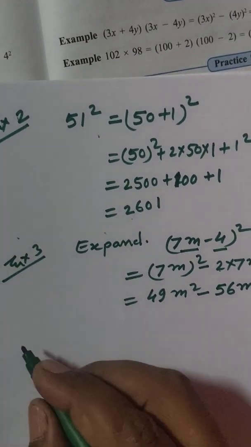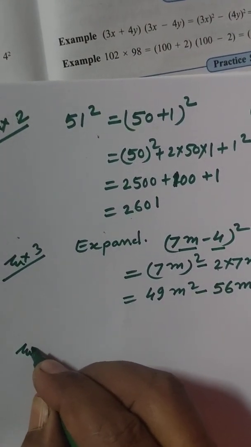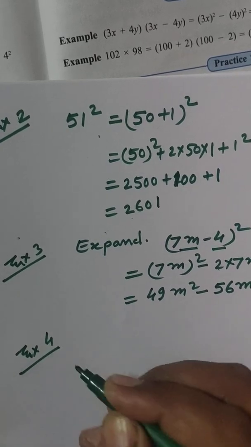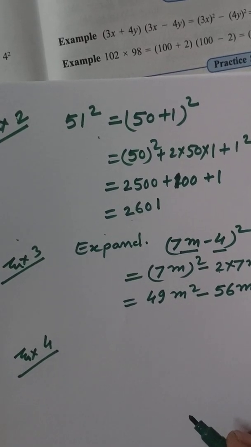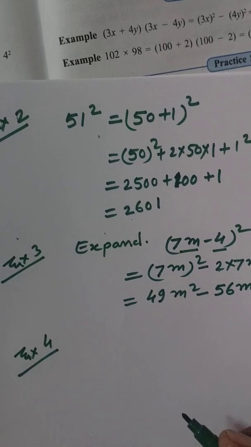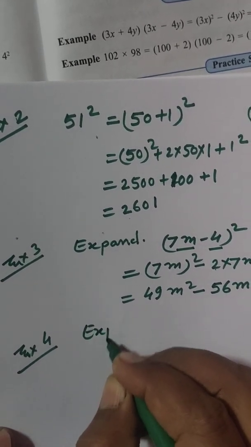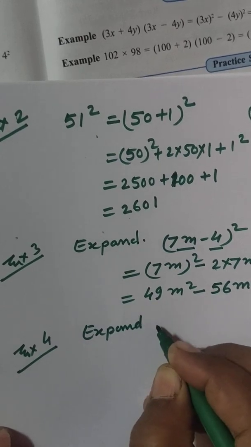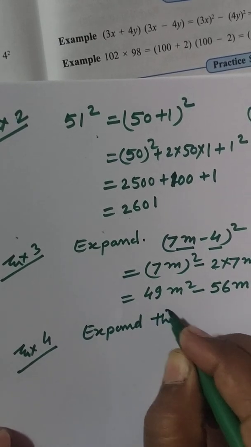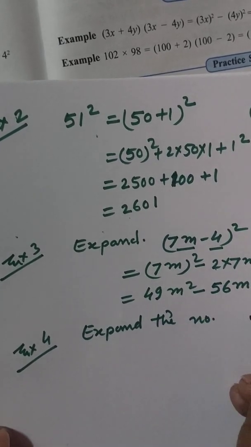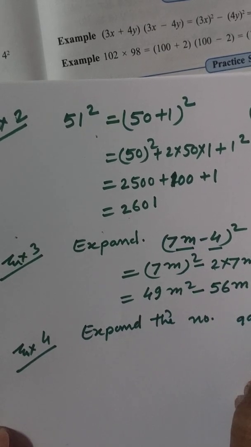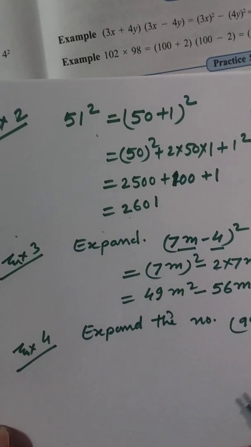Now, any other example you can take? Expand the number 997 whole square.